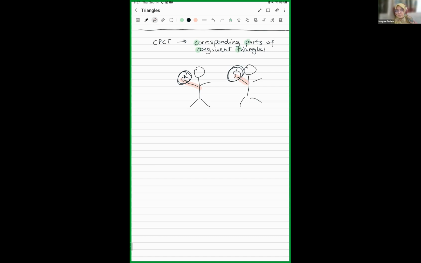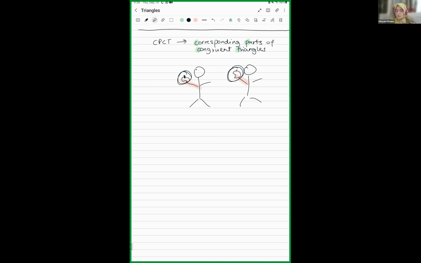Yes. The meaning of corresponding is that it's the same for two different figures. Let me give you another example. For example, let's say you are standing in your balcony. Let's say you live in apartments, and there's a building in which all the homes are made the exact same way.